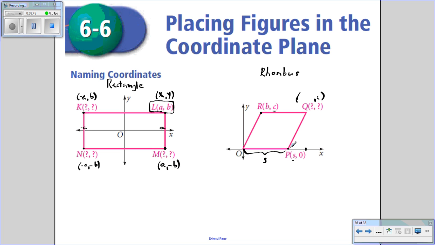Now this length here, from point P to where I need to go to get Q's x-coordinate, looks like it's the same as going to point R. So from the origin to point R, which is right here, looks like it has an x-coordinate of B. So how do I combine the B and the S to get all the way to where I need to be? I would take S, and then I would add B to it. So the coordinates for Q are S plus B, and the y-coordinate would be C.